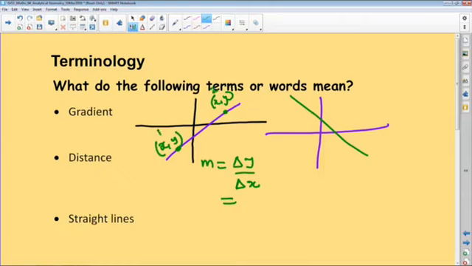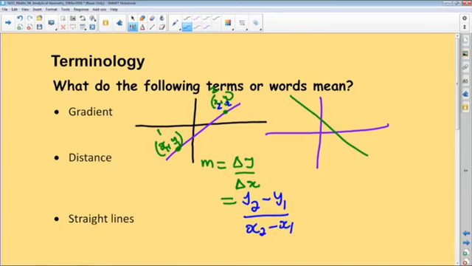This is x1, y1, and that will be your x2, y2. The change in y, as a reminder from last year, is y2 minus y1 over x2 minus x1. So that's how you work out your gradient.